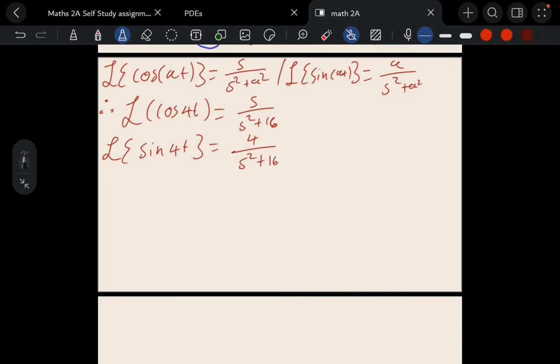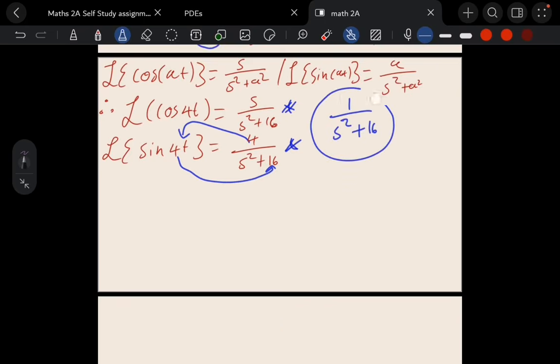Can you please note these two down? You see that the 4 is here, and we have the square of the 4 there. So what if you have 1 over (s squared plus 16)? Will you say this is the Laplace transform of sin(4t)? No. You cannot say that. It's totally wrong.